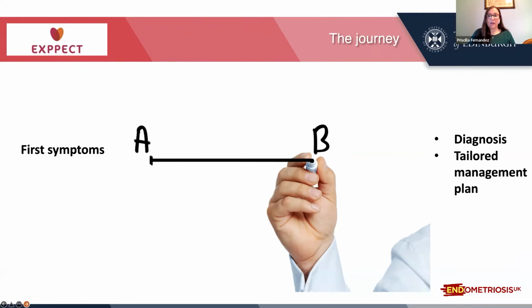Unfortunately, as Professor Horne has mentioned, the journey can sometimes take up to, on average, 8.5 years in Scotland, and we're trying to change that and make that a lot shorter if possible. Unfortunately, COVID has not been very kind to any of the services, but we're trying to change that with a lot of research, etc.